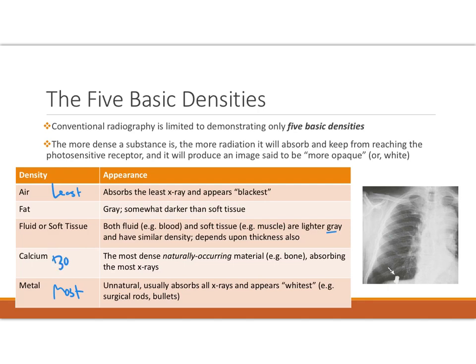Calcium is your bone, so this is the most dense naturally occurring material, so it's going to turn out white. And then metal blocks all X-rays. So metal is pure white. Now, obviously, metal is not naturally occurring within the body, but if you look at this picture, we got a bullet that shows up pure white. We'll talk later on about biomaterials and things that might be surgically implanted, like metal rods. They'll show up pure white as well.